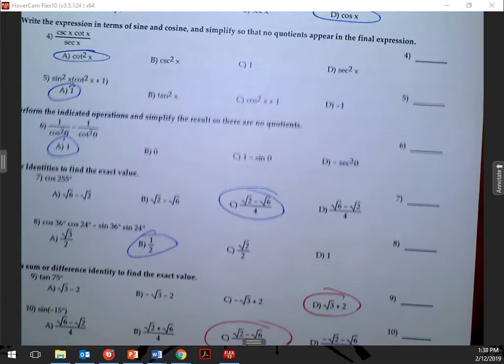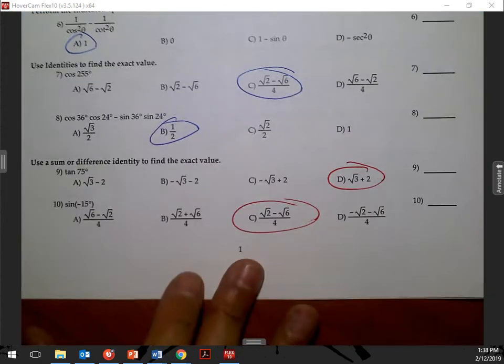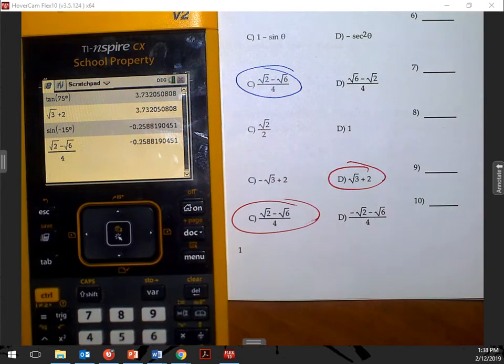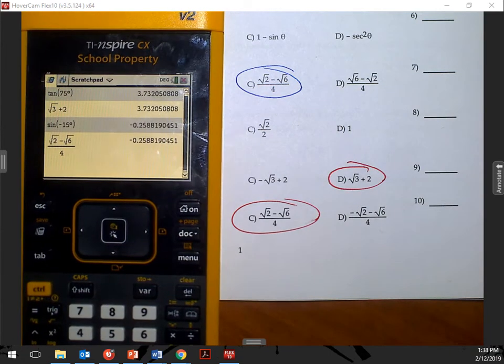Okay, Angel, what mode's your calculator in? Did you put sine negative 15 degrees? And did you come up with negative 0.2588?